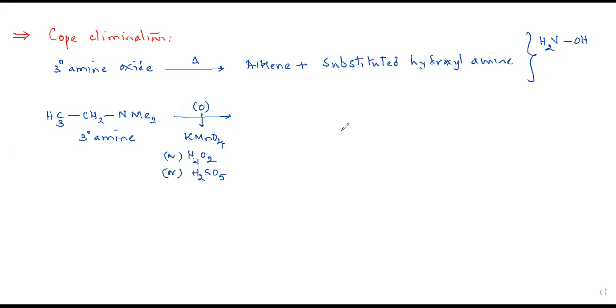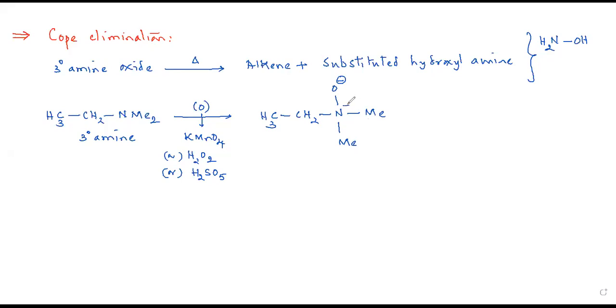Okay, now look at what happens. CH3, CH2, then N. Now, of course, this N combines with the oxygen. You got methyl, you got methyl.